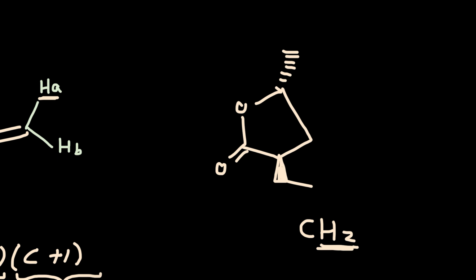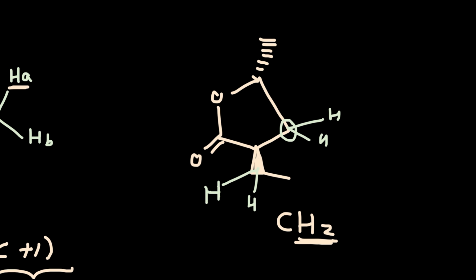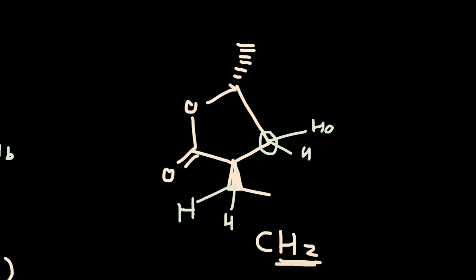So we can identify a chiral center here. That must mean everywhere where we have a CH2, such as here and here, these are going to be non-equivalent protons. This is CH3, that's not going to be diastereotopic. This is CH, not diastereotopic. So that means this is type A, type B, type C, type D.